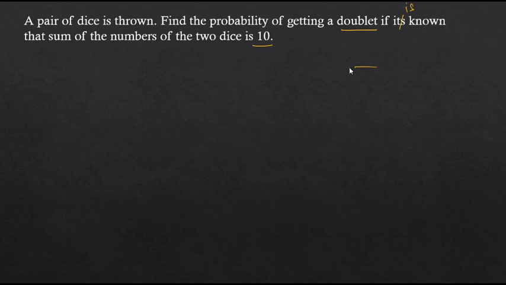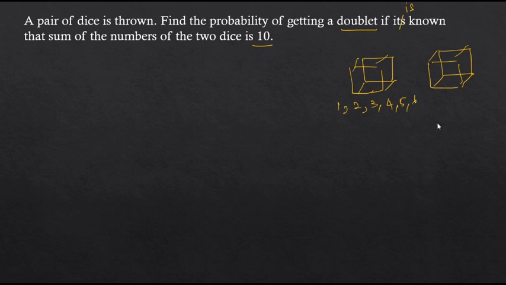So let me consider two dice here, die 1, die 2. You know very well, on each side you will have 1, 2, 3, 4, 5, 6. Similarly, 1, 2, 3, 4, 5, 6. Now, what about the overall sample space elements?